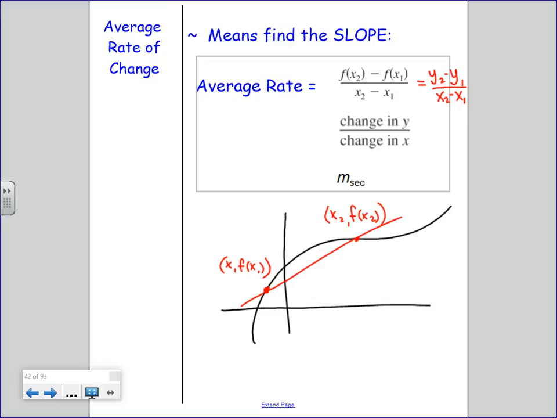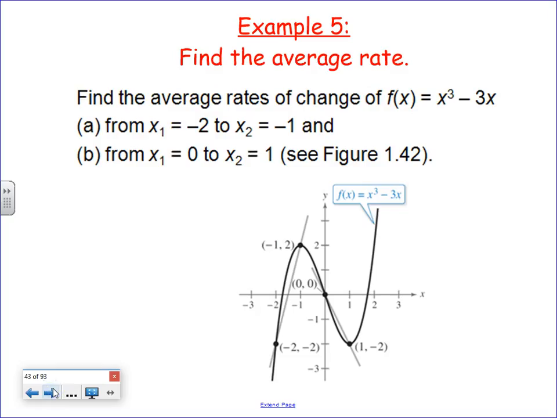So, average rate, write down a slope formula. I want to do a quick example. We're going to do this two different ways real fast, with a graph and with just f of x.